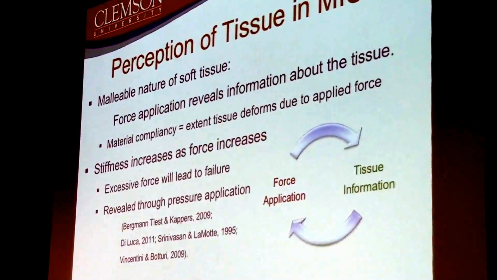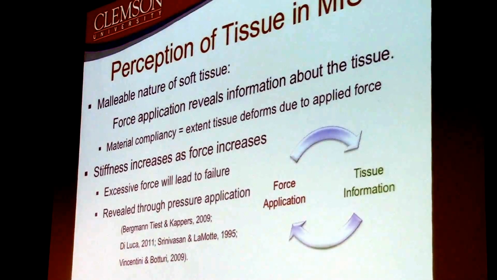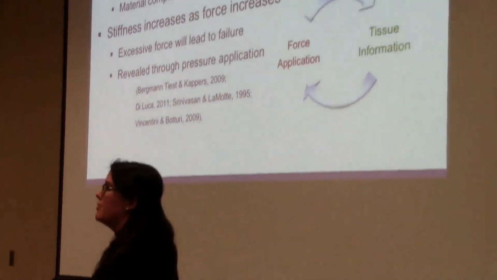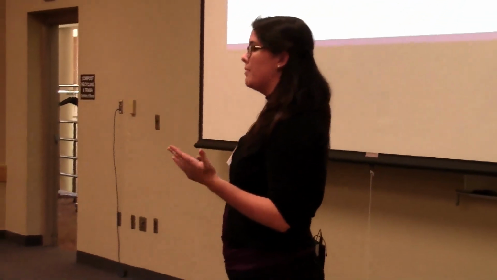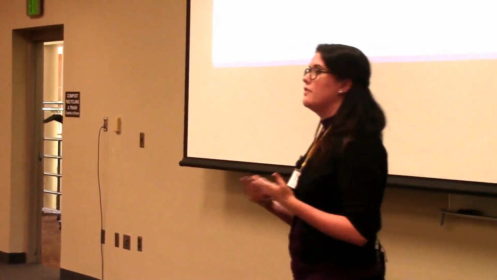If you think about a balloon, this is a bad example, but it's the only one that we can give to help understanding. If you think about a balloon in your hand, as you push into the balloon, the further you push, the harder it's going to be to continue to push, and then at some point it's going to pop. The tissue itself is going to give, it's going to fail.